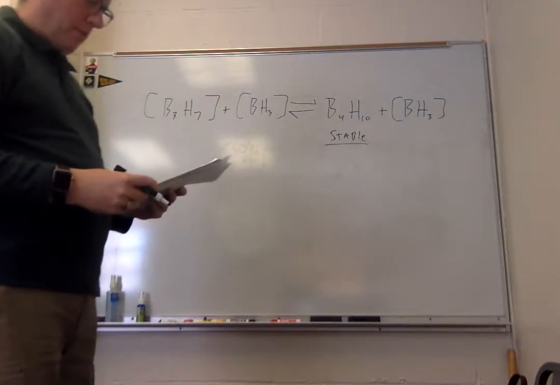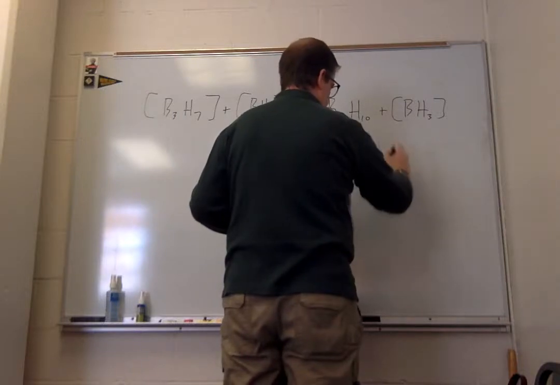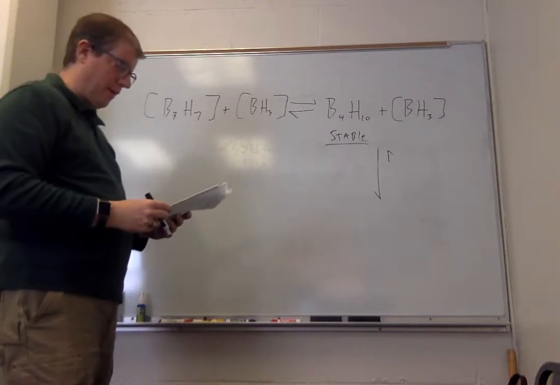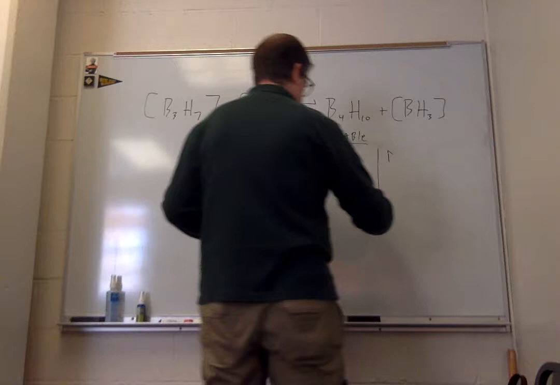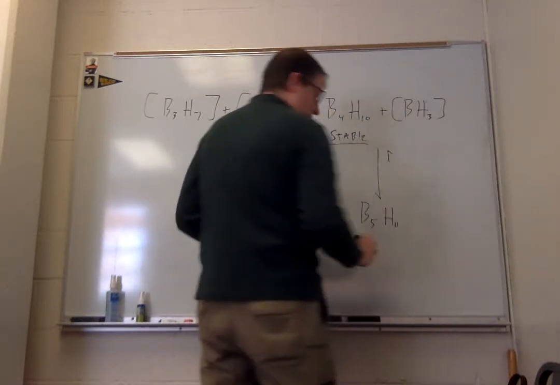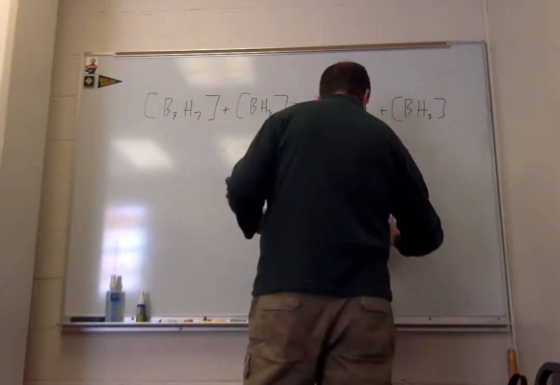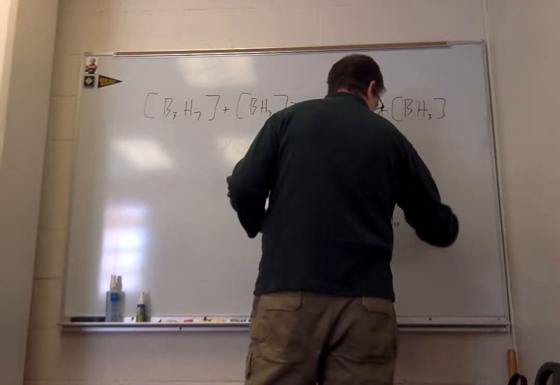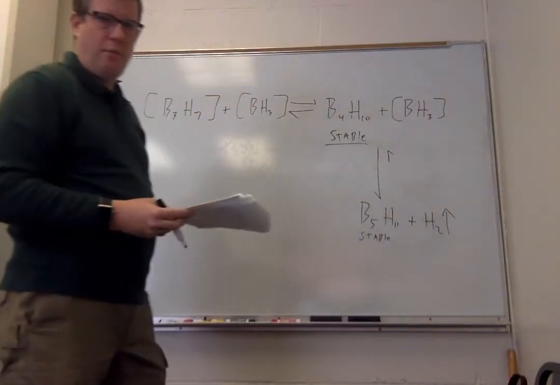So this stuff sort of persists and stays around, and in equilibrium that lies more closely to the product side. What we get out now is B5H11, which is also stable. And that's another hydrogen elimination process.